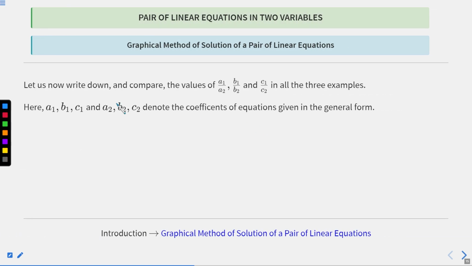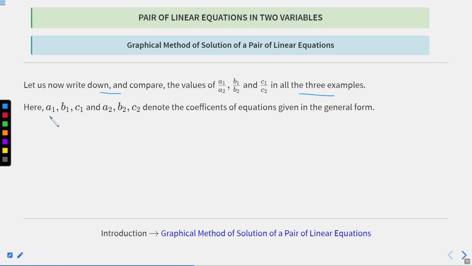Now let us write down and compare the values of A1 by A2, B1 by B2 and C1 by C2. We can compare the given pair of linear equations with the general form of a pair of linear equations, that is A1x plus B1y plus C1 is equal to 0 and A2x plus B2y plus C2 is equal to 0, and find the values of A1 by A2, B1 by B2 and C1 by C2 in all the three examples.